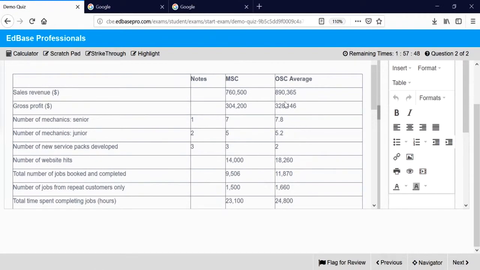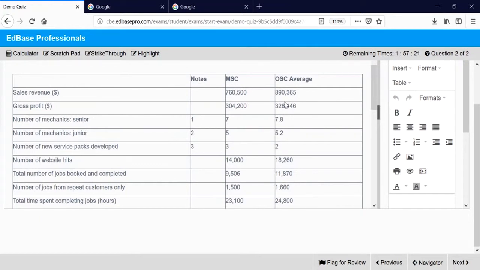So in this table, we have sales revenue, gross profit, number of mechanics, senior, junior, number of new service packs developed, number of website hits, or other information. Now, we need to find the suitable performance indicators for this question, and to be very specific, within the information that has been provided.